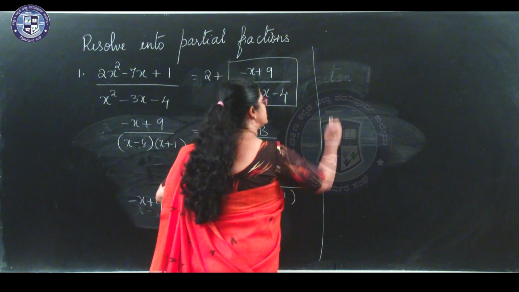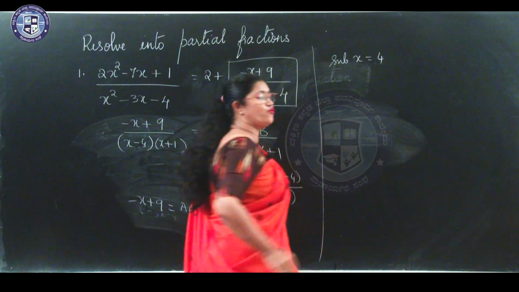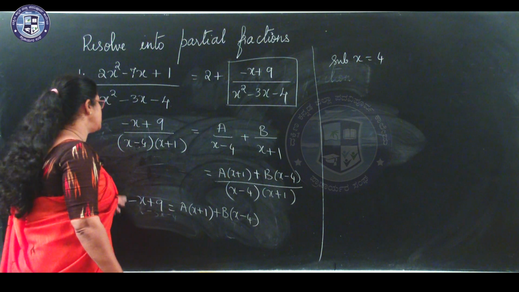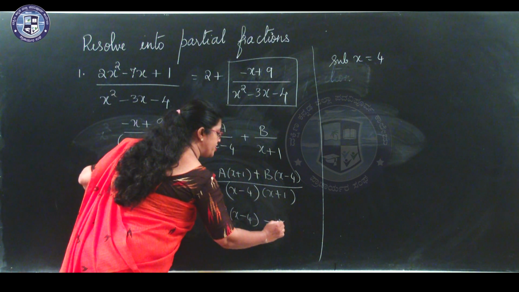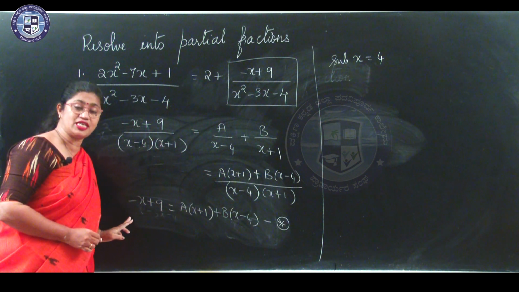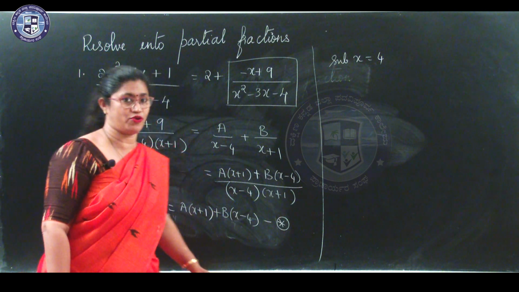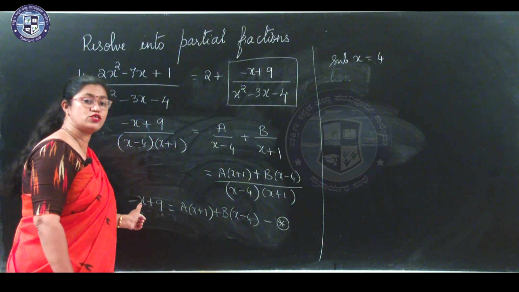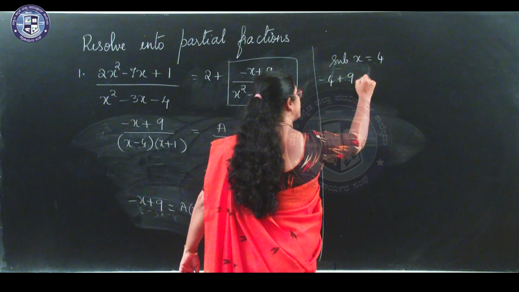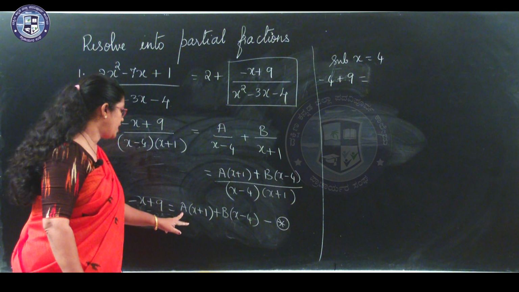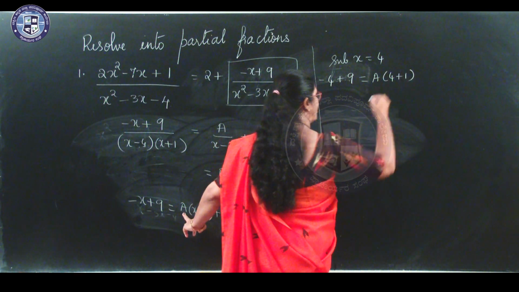So now let me substitute first x is equal to 4. When I substitute x is equal to 4 here, how do I substitute? So this is the equation. In the equation, wherever there is x, replace it by 4. So in the place of x, if I write 4, I get minus 4 plus 9 equal to a into 4 plus 1.